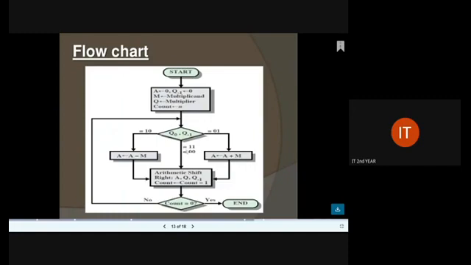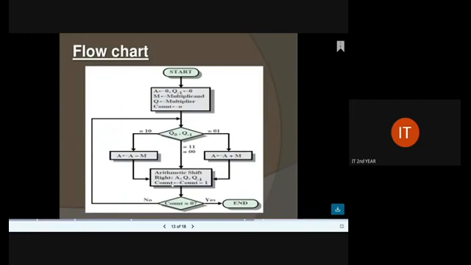If the q naught q minus 1 value is 1 1 or 0 0, then we just go on to the arithmetic shift right process, that is, we shift the values of a, q and q minus 1.